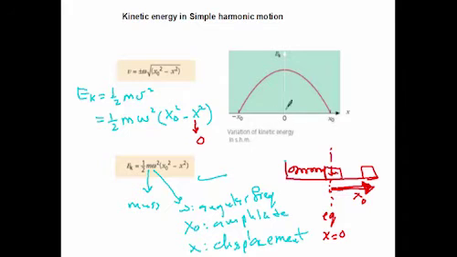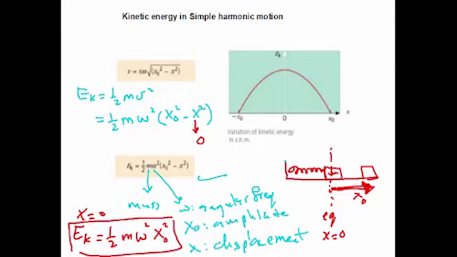So here, when x equal to 0, the kinetic energy will be half m omega square, here x is 0, so we are left with x naught. This is the maximum value for the kinetic energy when x equal to 0.